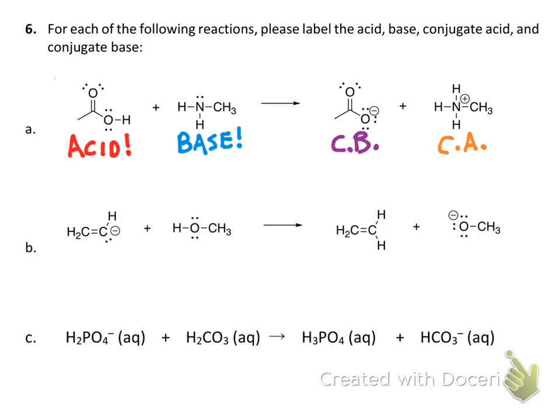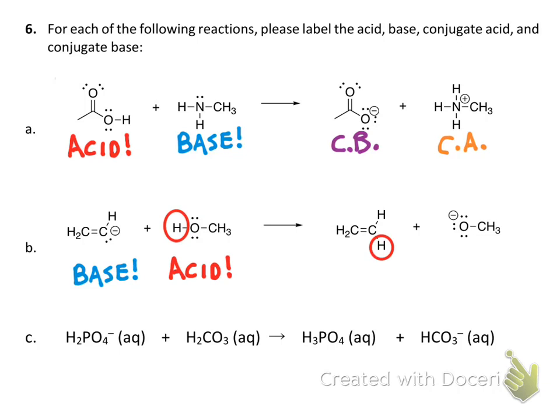Okay, for the next one, where is our proton starting? Where is it going? So this proton here ends up being moved over to this molecule here. That means the thing that loses the proton, what is that again? That is our acid. The thing that gains the proton is our base.